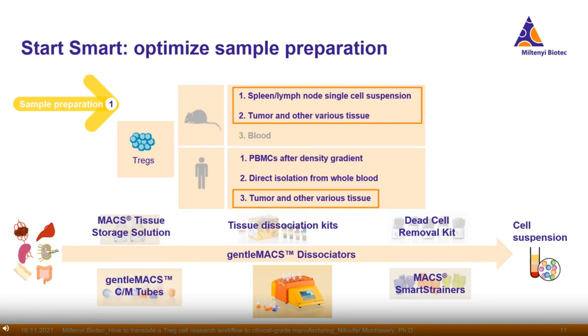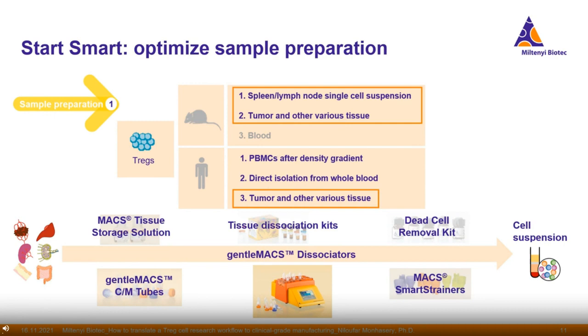In human, we can isolate Tregs mainly from PBMCs, directly from blood, and also from tumor and other tissues. But in the sample preparation platform, we are focusing on tumor and tissue material.